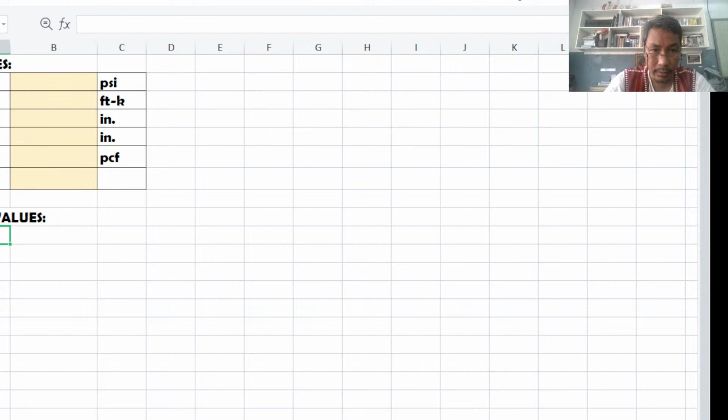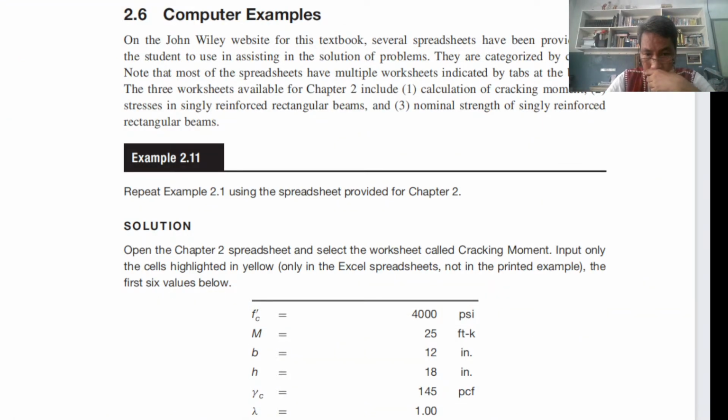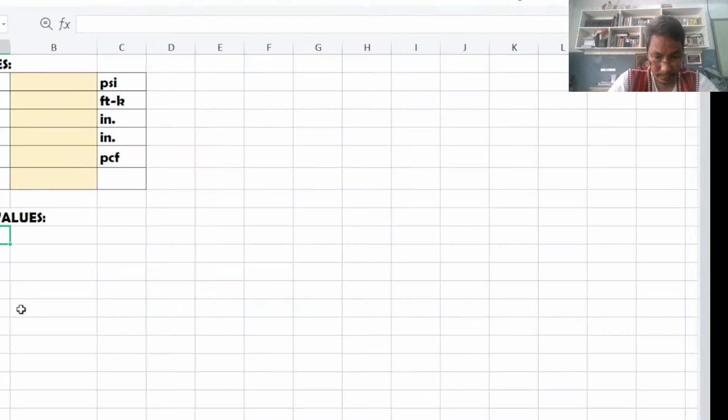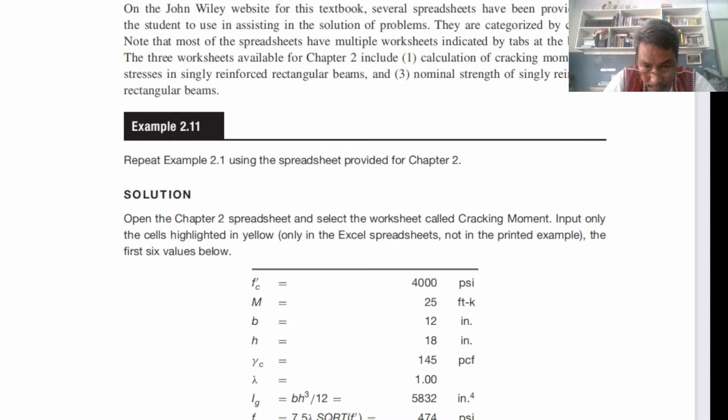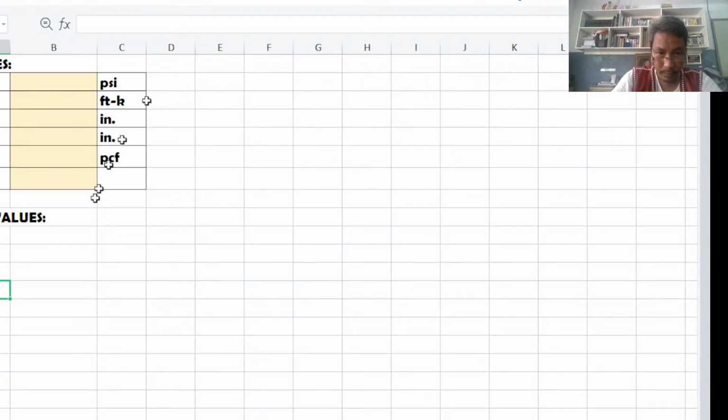What are the computed values? Ig, fr, f, okay? What else? Mcr. Why are there two Mcr? Oh, Mcr for different units.